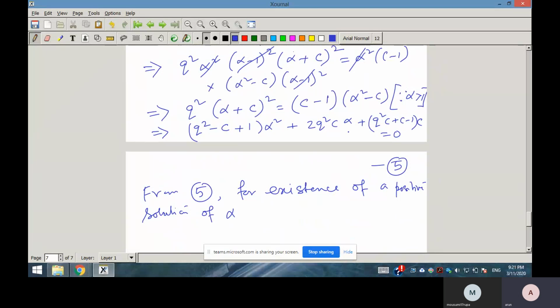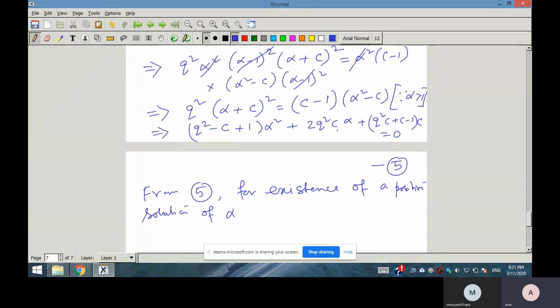So for one positive solution to exist, root under b square minus 4ac should be greater than b. Here b is positive, so q square c is positive.